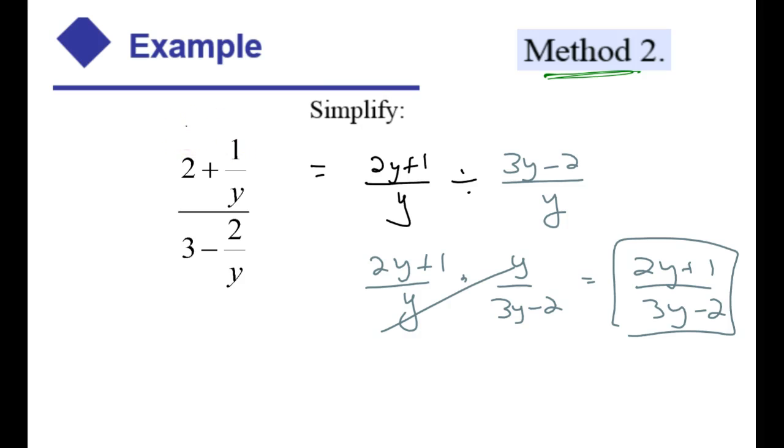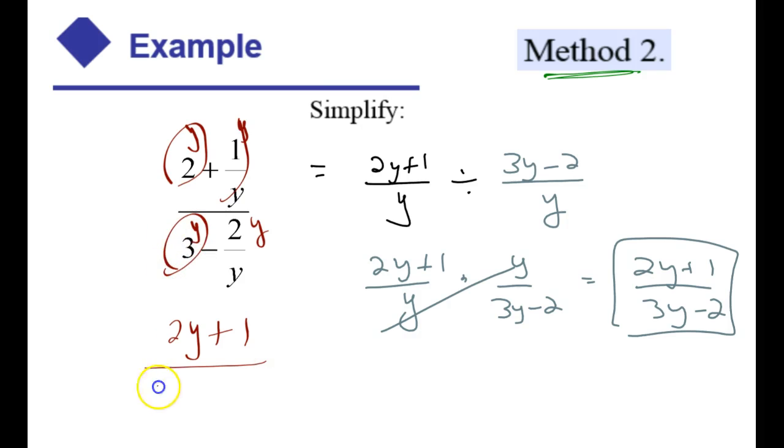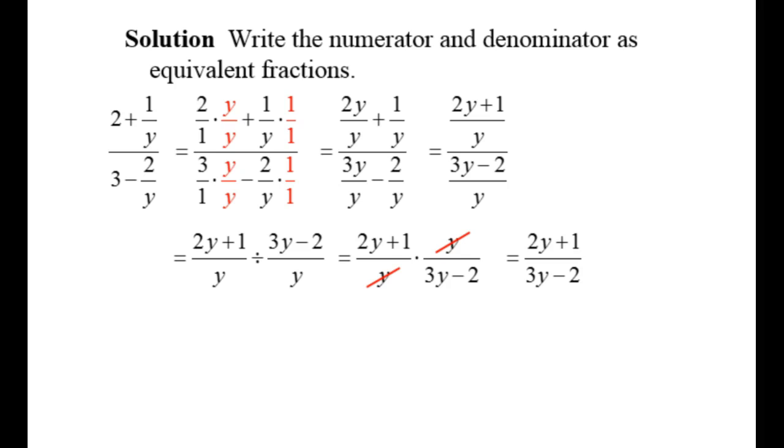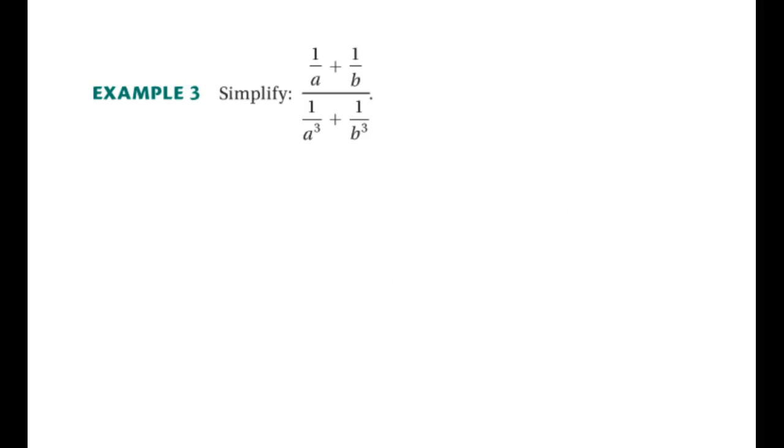I would multiply every term by y, and I would be left with this guy, 2y plus 1 over this guy, 3y minus 2, and that just seemed a little bit faster because I kind of just wrote the solution. This seems like a little bit more work is involved with writing, but maybe it makes more sense. So again, here's how the author chose to work it using method 2.